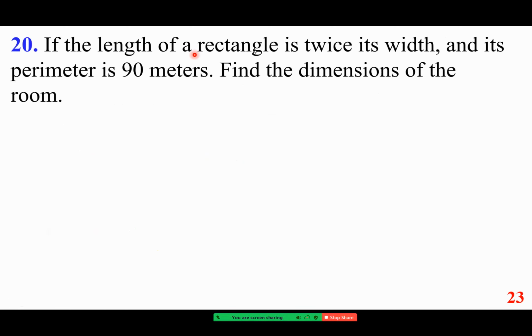If the length of a rectangle is twice its width and its perimeter is 90 meters, find the dimensions.